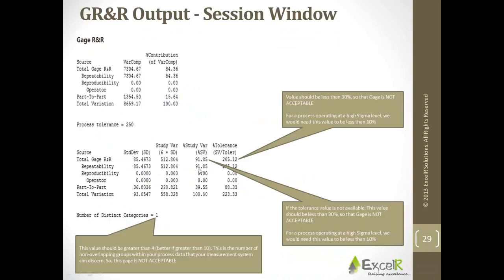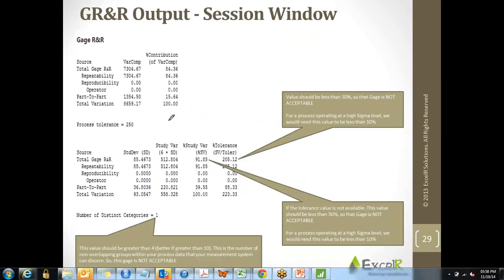Sorry. Yeah. So here are a few more things that we need to be interested in. There are a lot of statistics, but we'll be focusing only on a few of those. All right. So look at this value, 205.12 total gauge R&R. This value should be less than 30%.